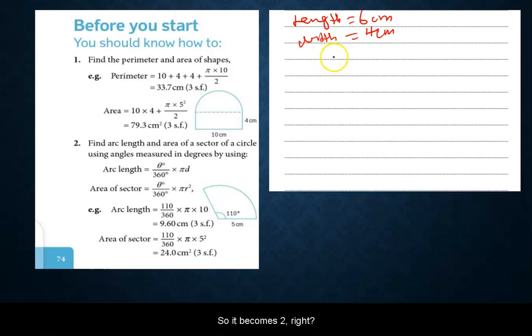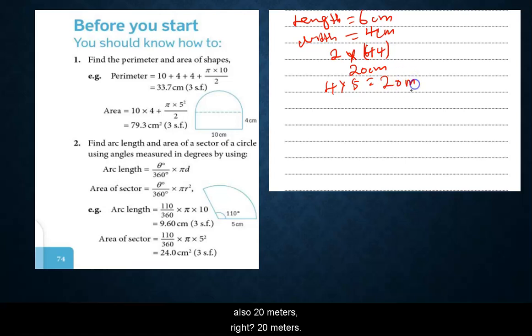It becomes 2 multiplied by (6 plus 4). 6 plus 4 is 10, and 2 times 10 gives you 20 centimeters. It is as simple as that. Then for a square, all sides are equal. If the side is 5, we take 4 multiplied by 5, which also gives you 20 meters. We can do the same for a triangle.